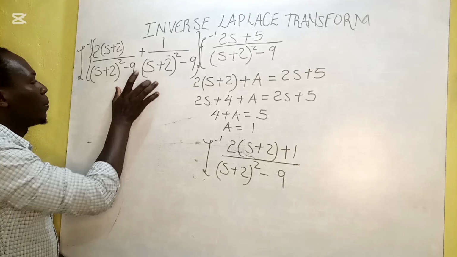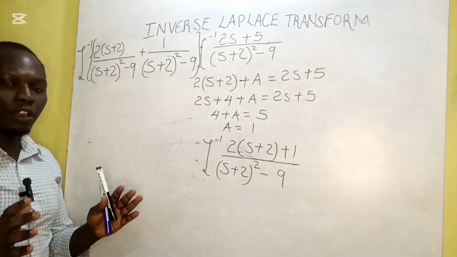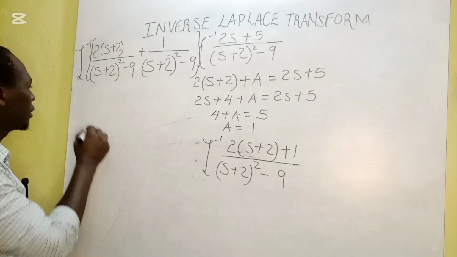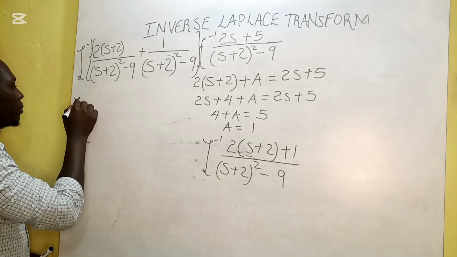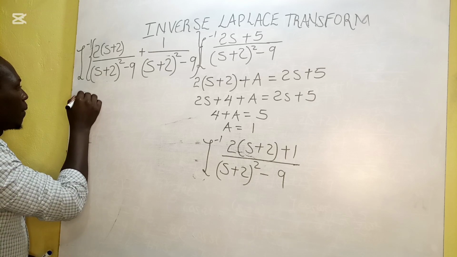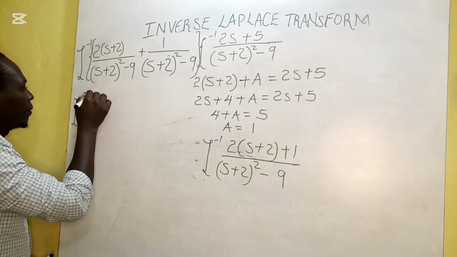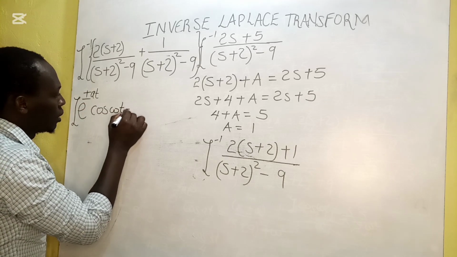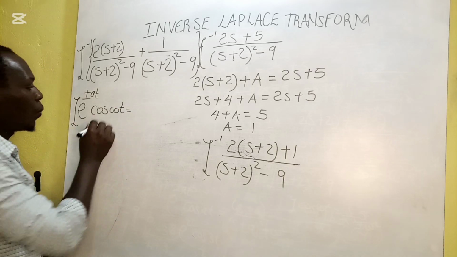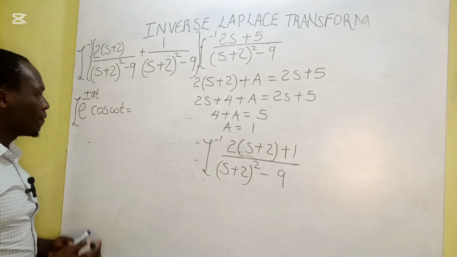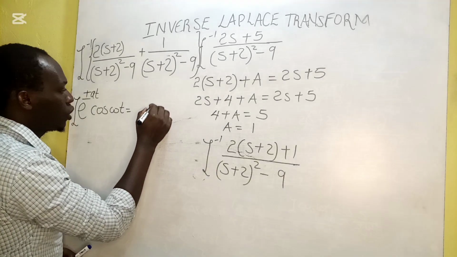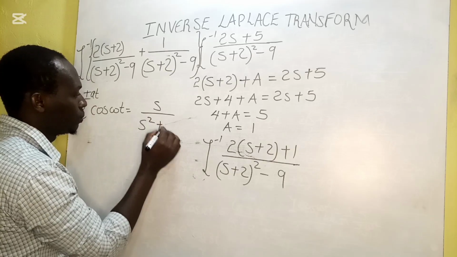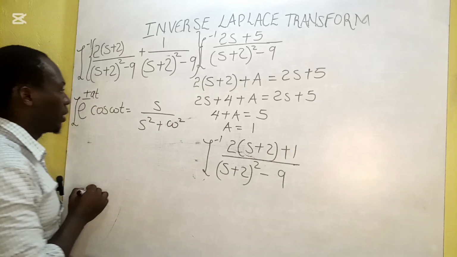From this point now, we must get into the first shift theorem. When it comes to the first shift theorem, we agree that the Laplace transform of e to the power of positive or negative a t, cos of our angle with respect to t, is equal to, we first get the Laplace transform of cos of our angle t, and we understand it is s all over s squared, we add to our angle squared.